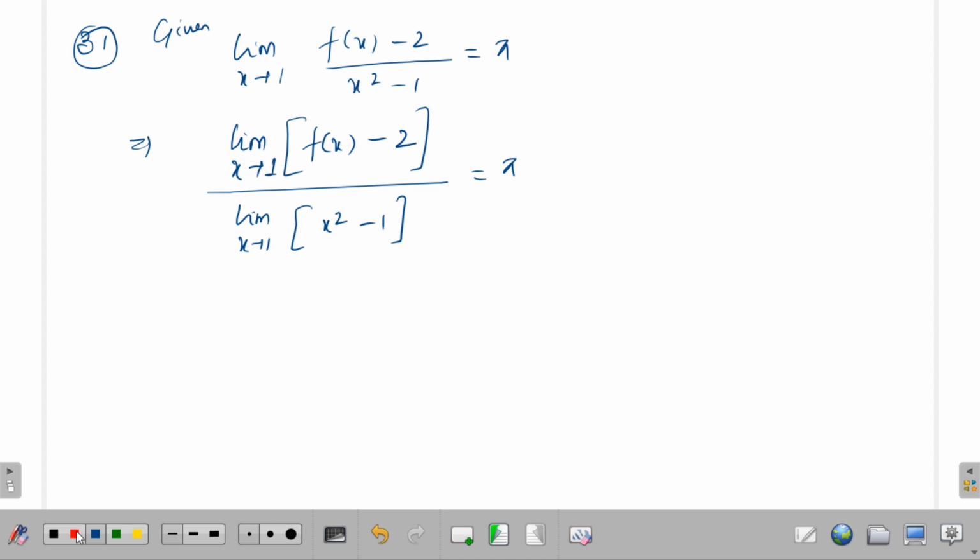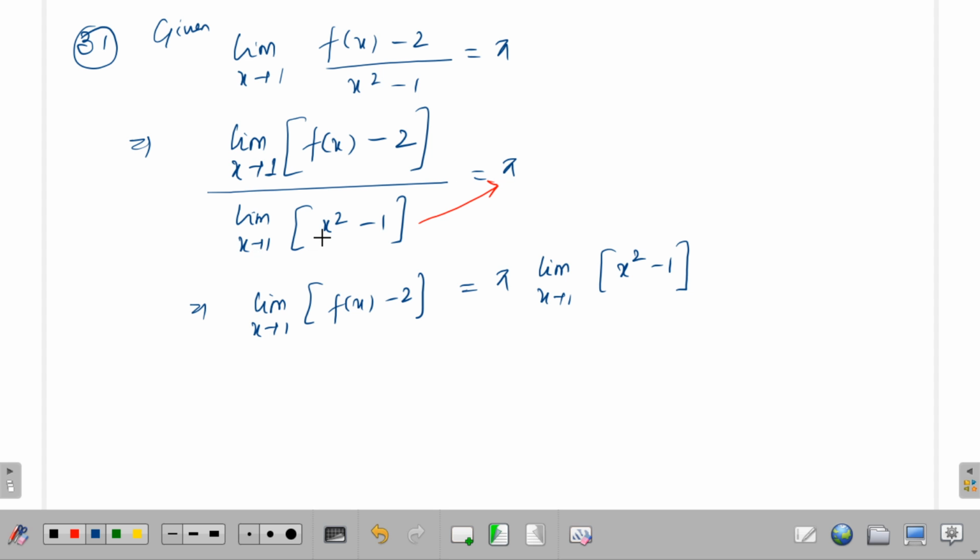Now I will bring this over to your right hand side. So the next step I'll get is limit of x tends to 1 of f of x minus 2 is equal to pi times limit of x tends to 1 of x squared minus 1. Why did I bring this to the right hand side? Because if I put the value for x to be 1 over here, I'll get 0 in the denominator, which we don't want.